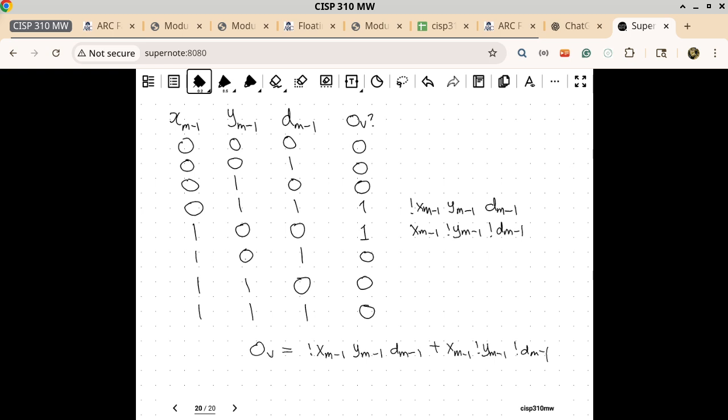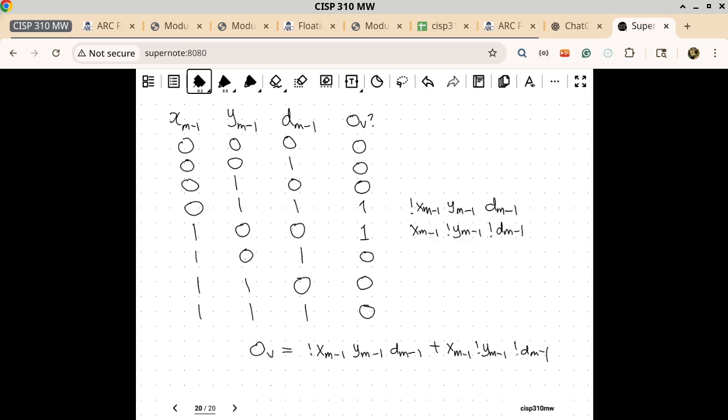M minus 1 simply means it's a sign flag. This is the sign bit of that component in the subtraction. So are we good so far? Okay, so we now have a way to figure out whether there's an overflow situation or not.